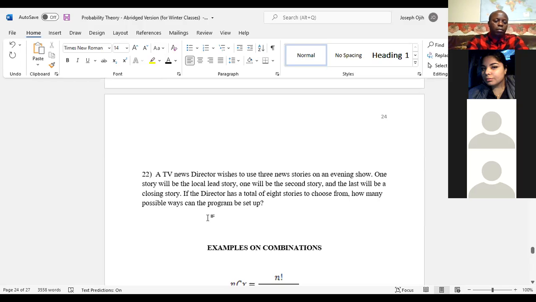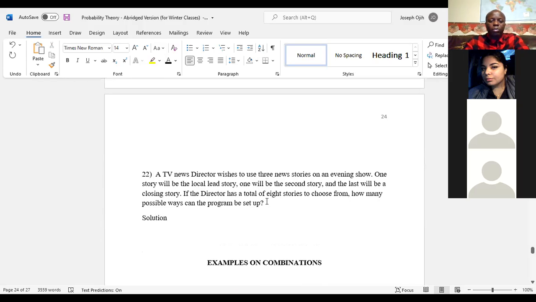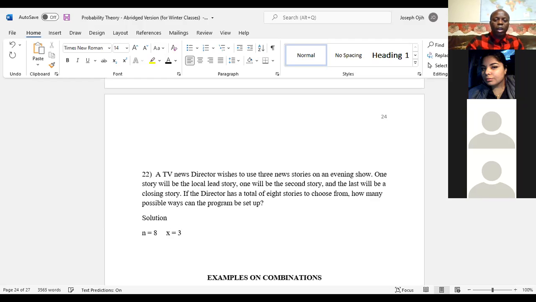Here is the solution. How many stories are there? There are 8 stories, so our n equals 8. She has 3 news stories to choose from, so that means our x equals 3. So how many possible ways?